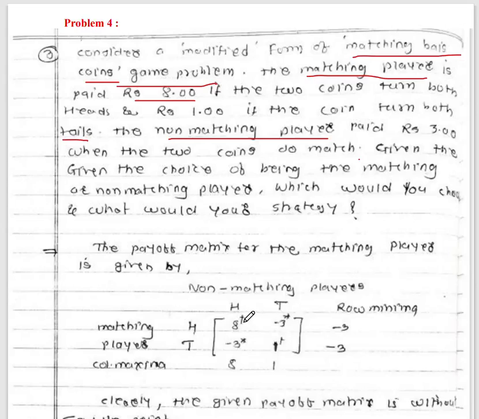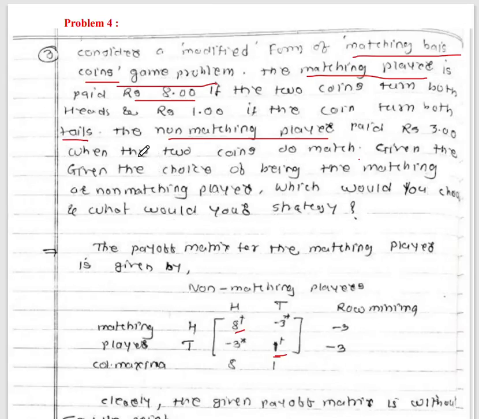If there is an intersection of head, the matching player will be paid 8 rupees, and if there is an intersection of tail, the matching player will be paid 1 rupee. This is the matching player data: 8 and 1.